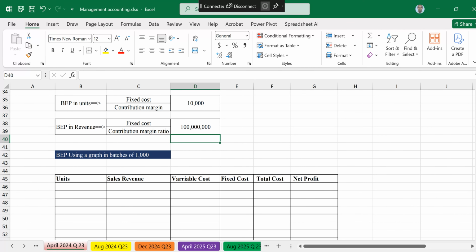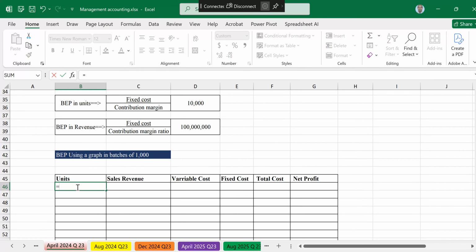BEP using graph in batches of 1,000. So in batches of 1,000, get the BEP in graphs. They want you to guess some figures, but they should be in batches of 1,000. So I want us to guess the start unit as 5,000. Just say equal sign 5,000, or you can start with 4,000 if you want. 5,000 is good. Enter.